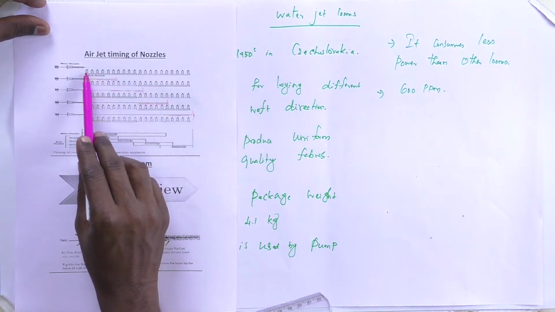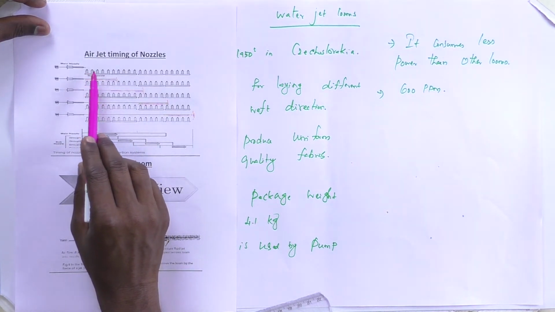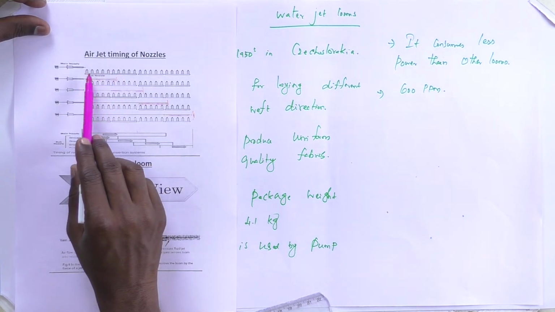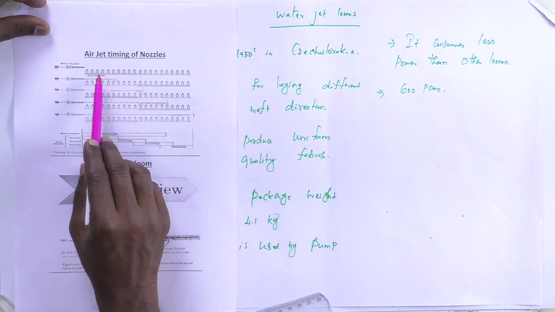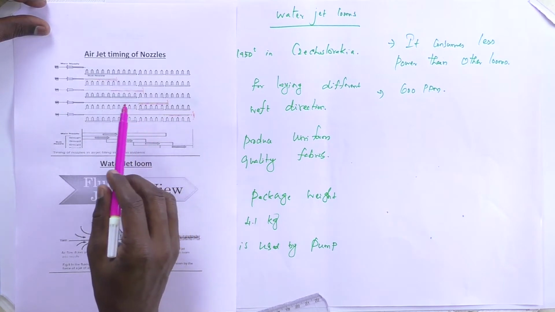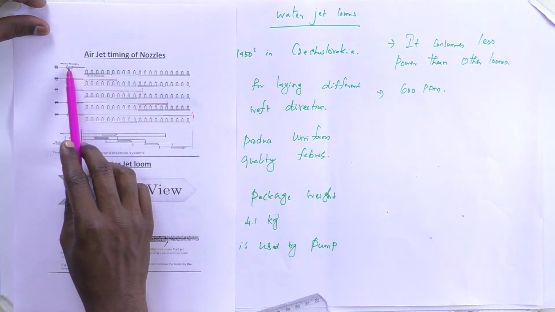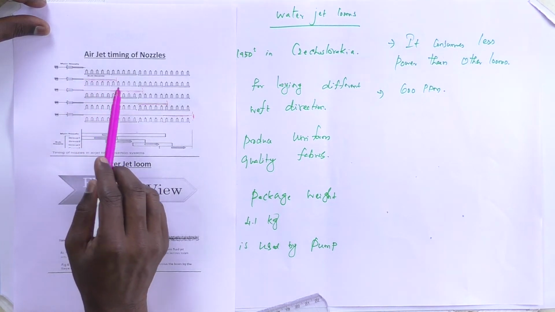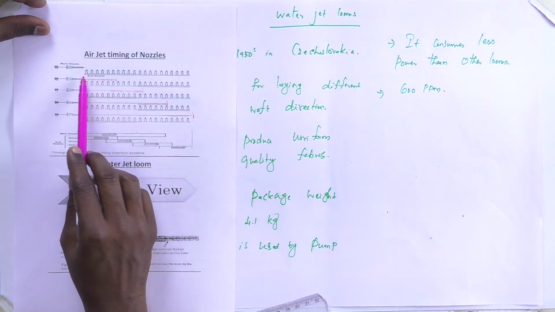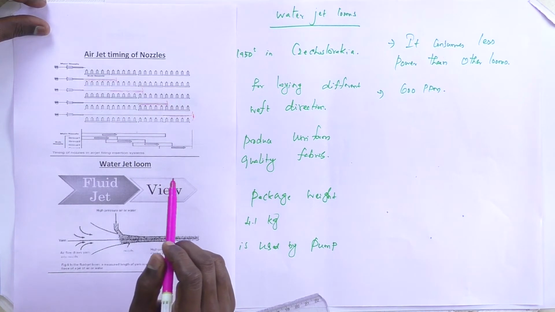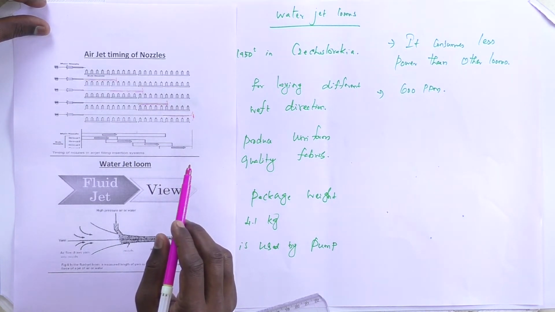The sub nozzles also have compressed air which gives force to the weft yarn to pass inside the shed. So in this air jet nozzle timing, the main nozzle and the sub nozzles carry the yarn from one side to the other. In this way, the weft is inserted in air jet looms.